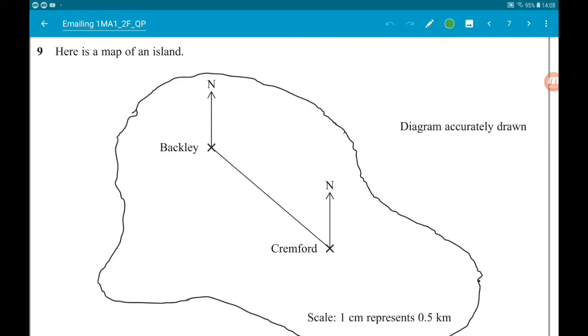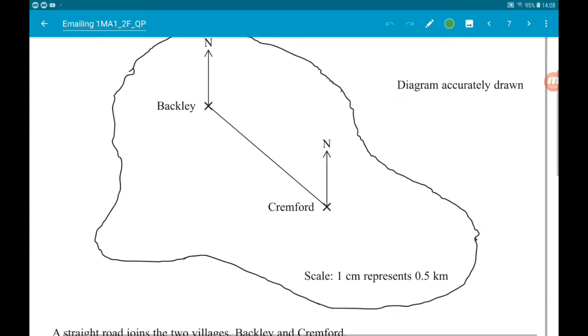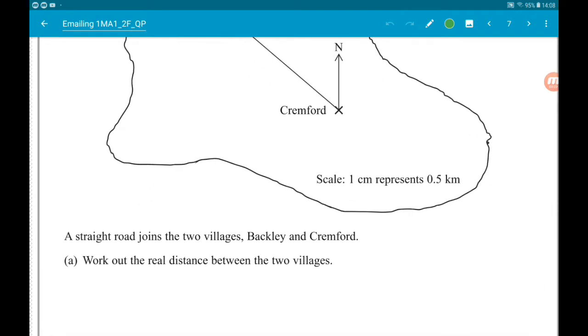Okay, number 9, we have a map of an island with 2 towns, Backley and Cremford. We have a scale which is 1 centimetre represents 0.5 kilometres. For part A, we are told that a straight road joins the 2 villages, Backley and Cremford.